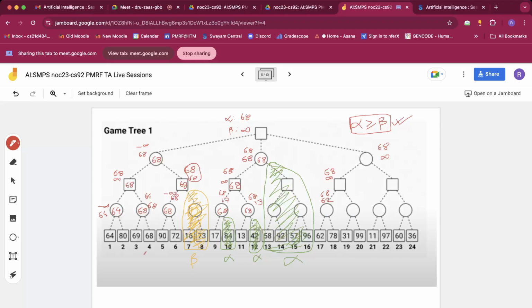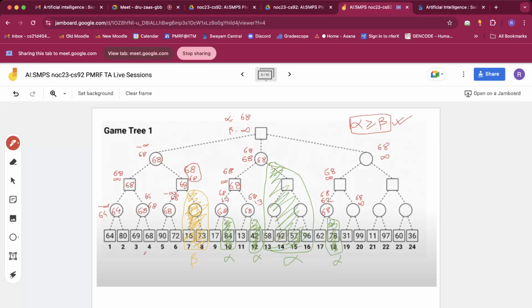Again, the cutoff condition is satisfied. 68 is greater than 62. So this will get a value of 68. And this part will be cut off. Again, an alpha cutoff. This will again offer a value of 68 to this max node, which already has an alpha value of 68, so no change will happen. This will again pass down 68 and infinity.